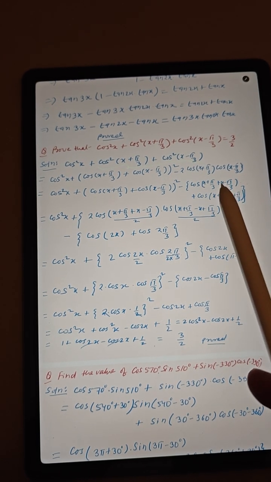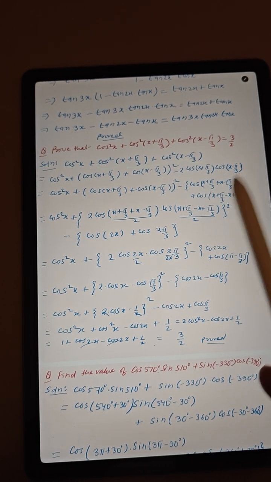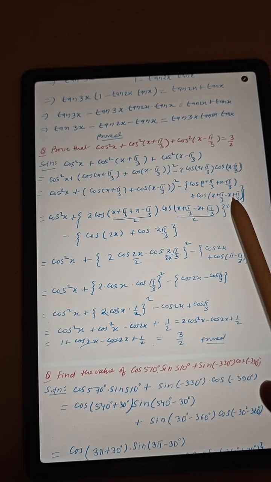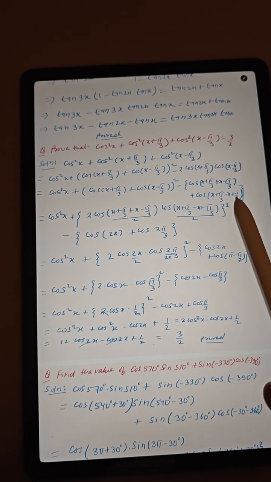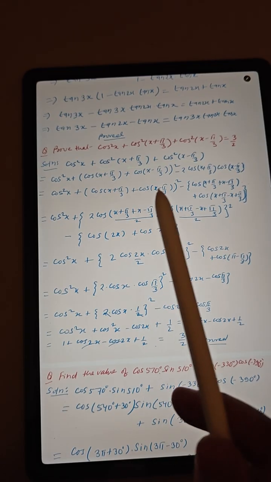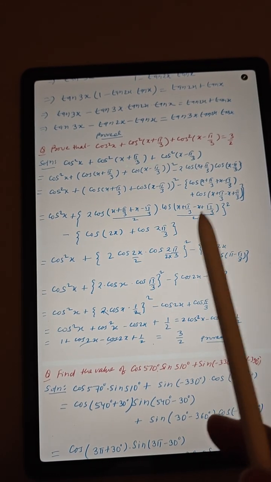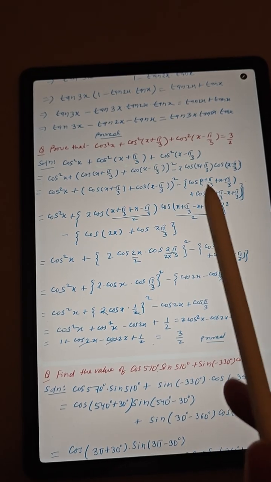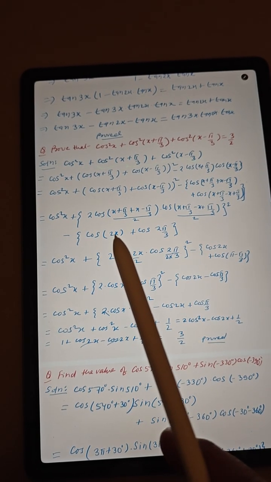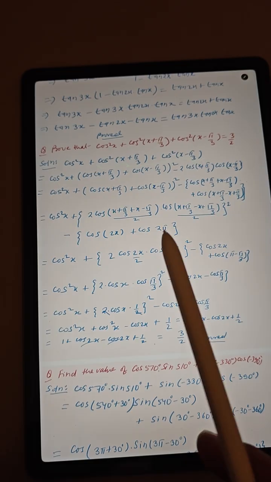Now x and x will be added, pi by 3 cancelled. Here x and x cancelled, pi by 3 added. And this cos c plus cos d can be written as twice of cos c plus d by 2 and cos c minus d by 2, whole square, and minus cos 2x plus cos 2 pi by 3.